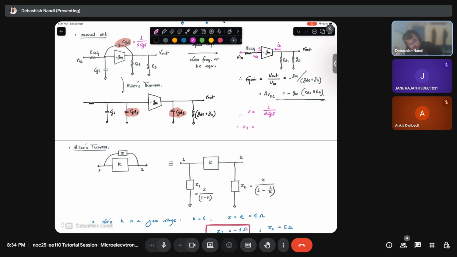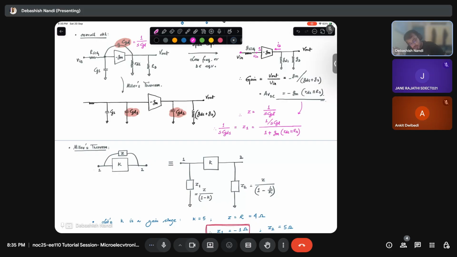Z1 will be 1 by SCGD divided by 1 minus gain. What is your gain? Gain is minus GM times RDS parallel RD, right? And this Z1 is nothing but 1 over SCGD1.